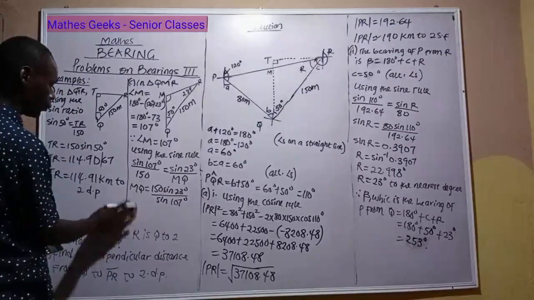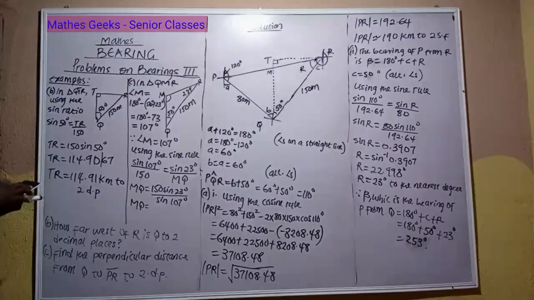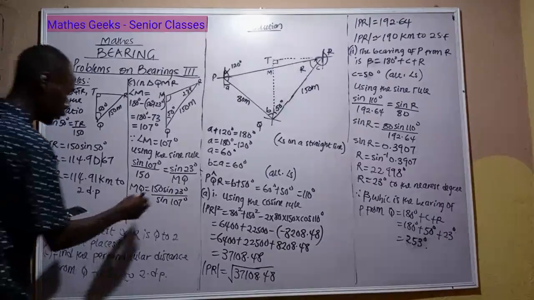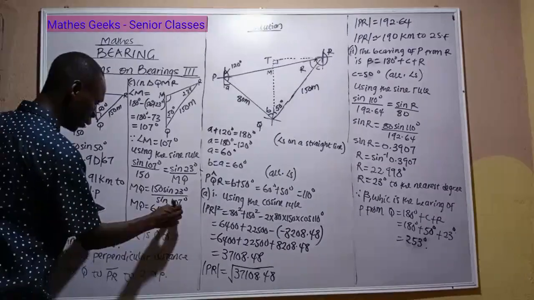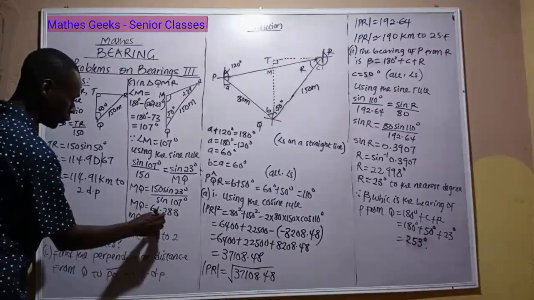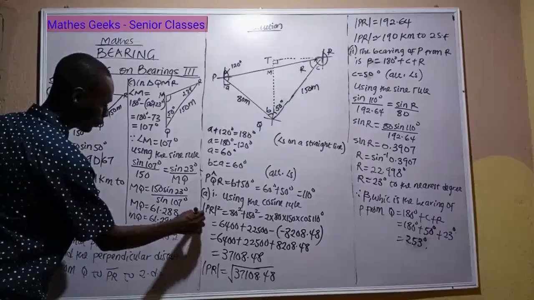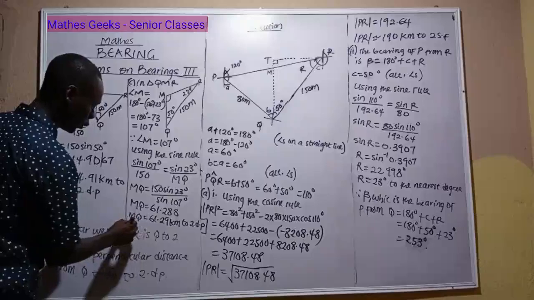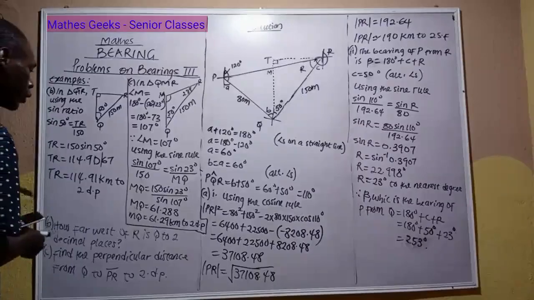Line MQ is equal to 150 sine 23 divided by sine 107, which is 61.28, so MQ is equal to 61.29 kilometers to 2 decimal places. So this is the final answer: 61.29 kilometers.